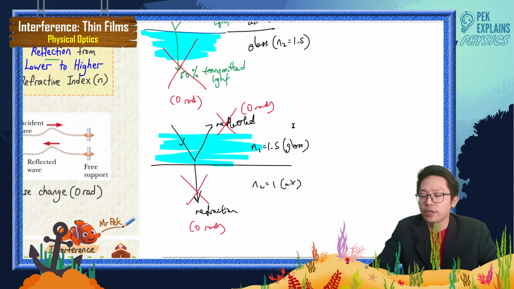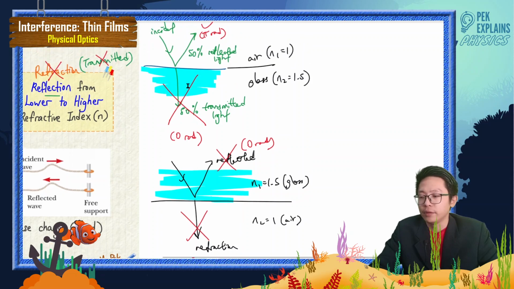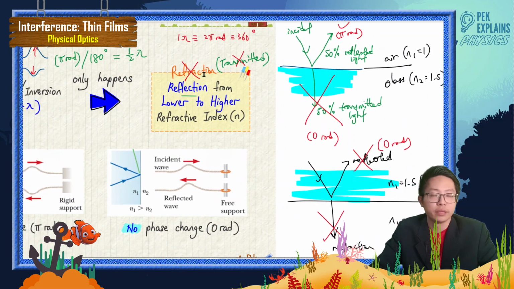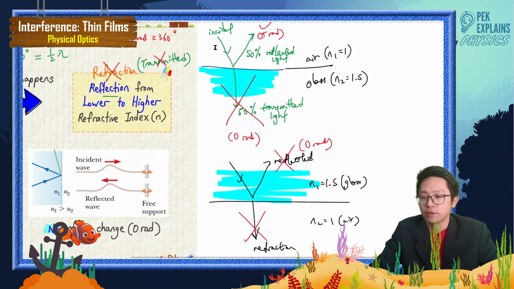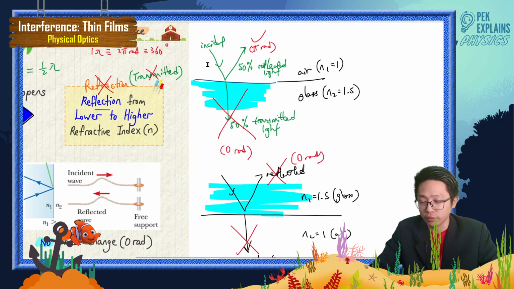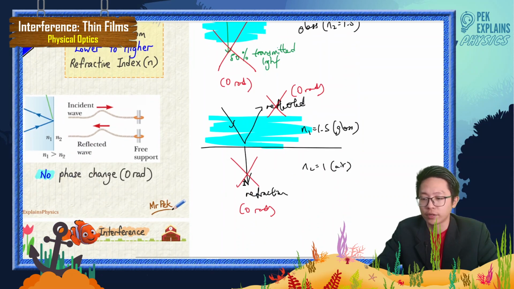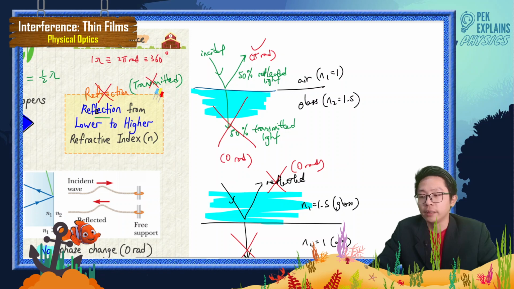Phase change never happens during refraction. From air, refraction never happens here. It only happens during reflection, and the condition is reflection from lower to higher refractive index.